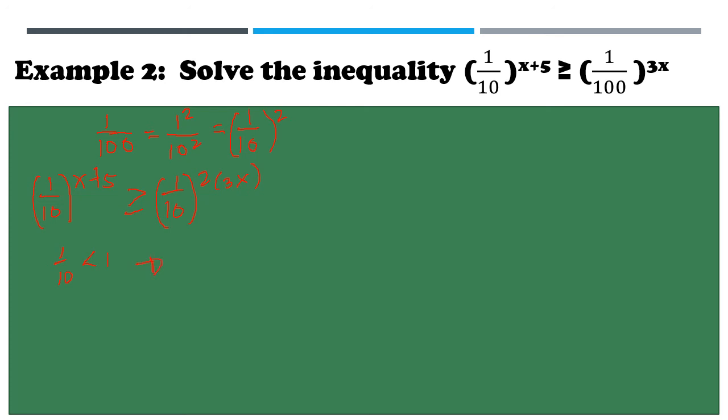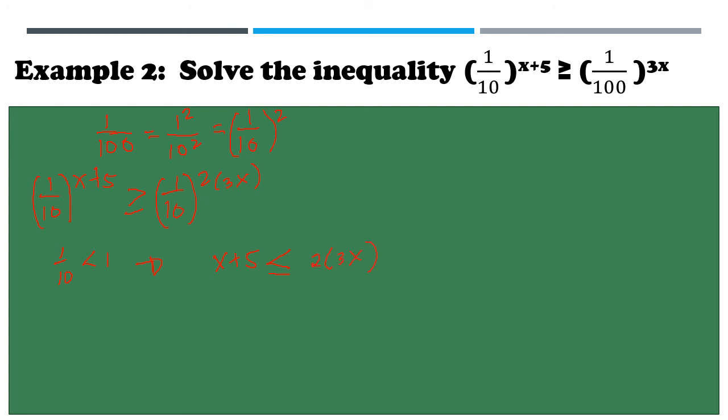So, pag less than 1 siya, babaliktarin natin ang ating inequality symbol, which is, ang ating inequality symbol ay greater than or equal. So, magiging less than or equal na siya. Okay? So, x plus 5, less than na siya. Less than. Bakit? Because our base is less than 1. So, magiging 2 times 3x.